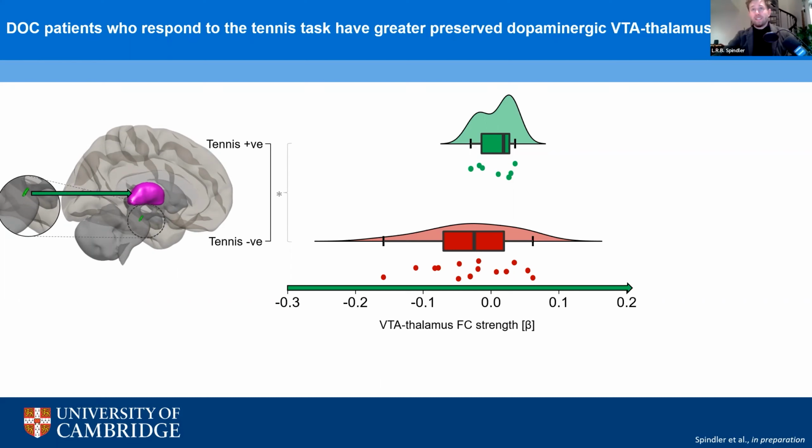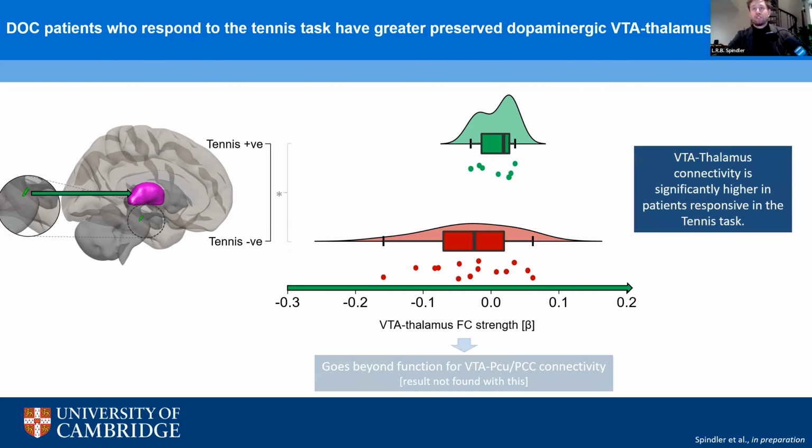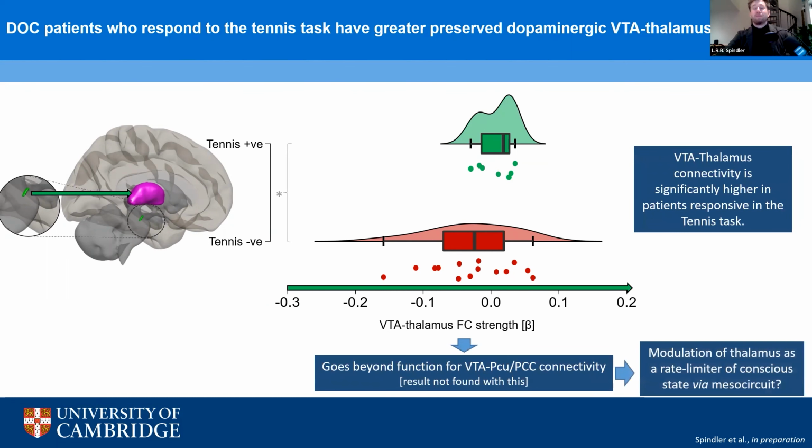And this is exactly this group that I had shown you beforehand, that was likely masking the effect in seed-to-voxel-based analyses. And it's important to appreciate that this goes beyond the function that we found for VTA-precuneus connectivity, because that did not have any relationship with tennis positivity, whereas this does.